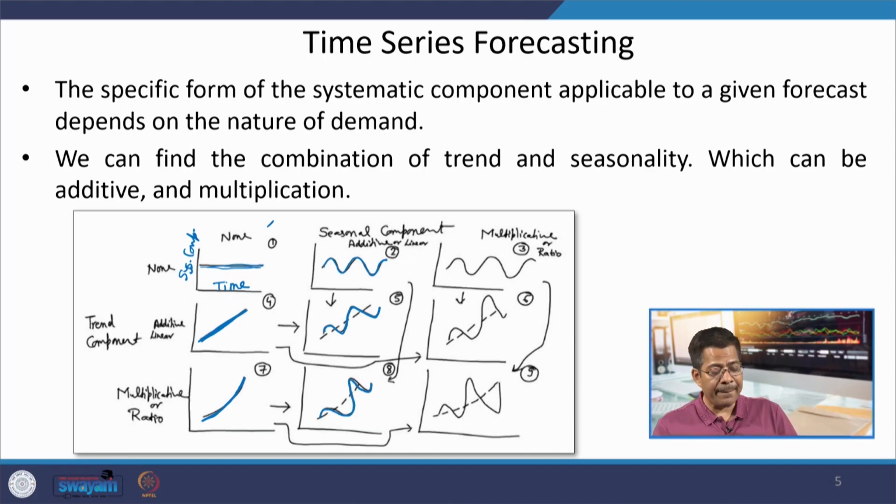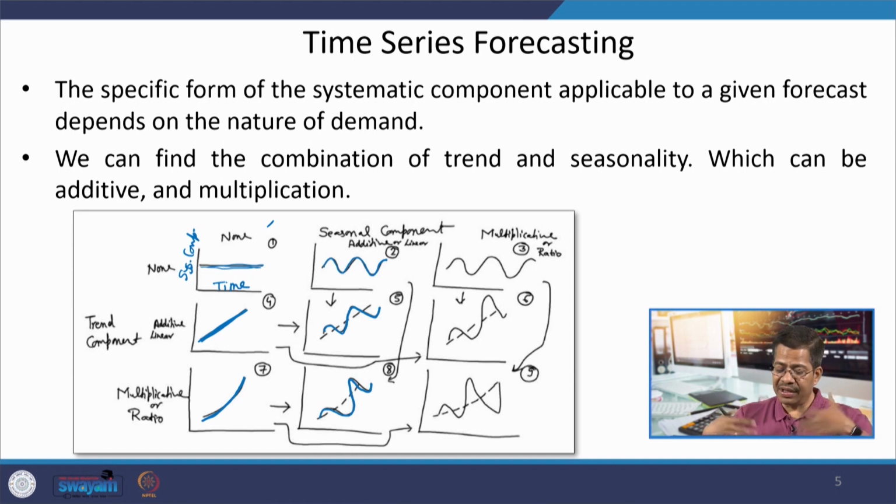And similarly, if you see diagram number 3, 6 and 9, in this case we have multiplicative seasonality which is combined with no trend, additive trend and multiplicative trend, and accordingly these 3 diagrams.